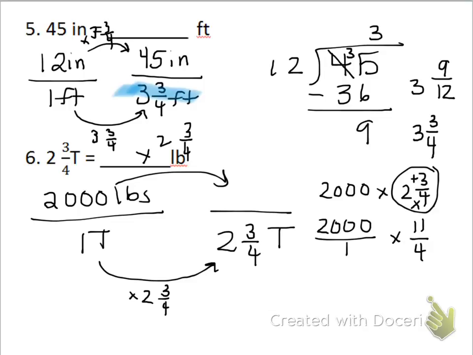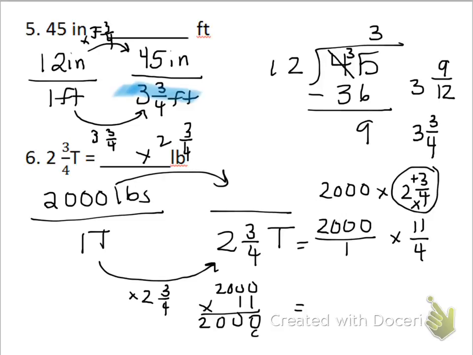I've just moved that up so I have some more space. Now to multiply fractions, I multiply my numerators and then I multiply my denominators. So I'm going to multiply 2,000 times 11. 1 times 0 is 0, 1 times 0 is 0, 1 times 0 is 0, and 1 times 2 is 2.